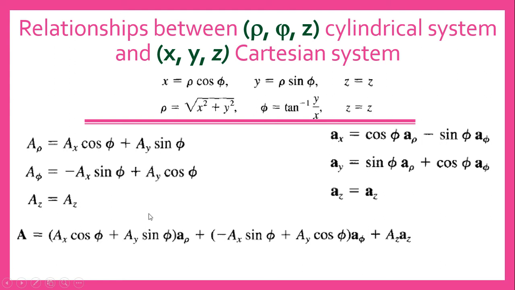For the phi component, minus Ax sin phi plus Ay cos phi, into a phi, taken common. And it is Az only for the z component, so Az into a z.